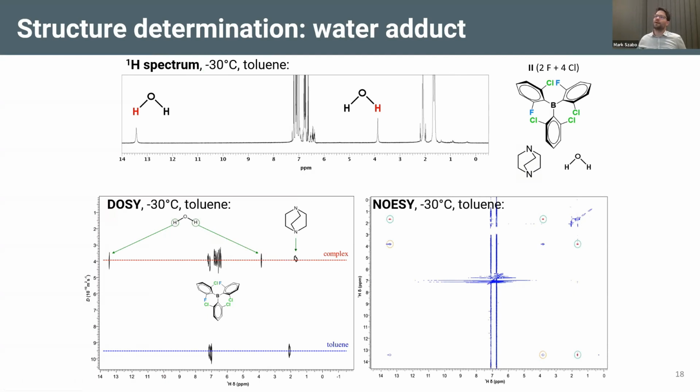So this is actually a good technique to investigate mixtures, but the problem is that when you have overlapping signals, then you won't be able to actually measure a meaningful DOSY spectrum, because either you will get a signal which is somewhat the average of the two, I mean the diffusion coefficient, or you will get some kind of signals which are really hard to interpret.